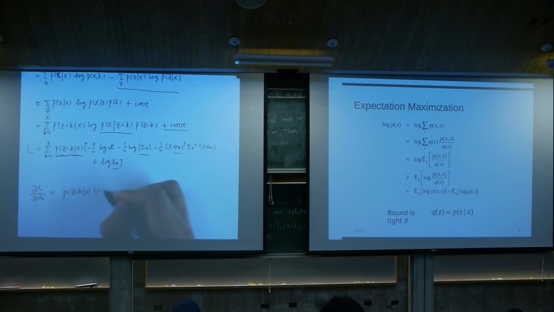So it's over 2 and sigma k inverse times (x minus mu k). And set it to 0. So we get an update of mu k as here.